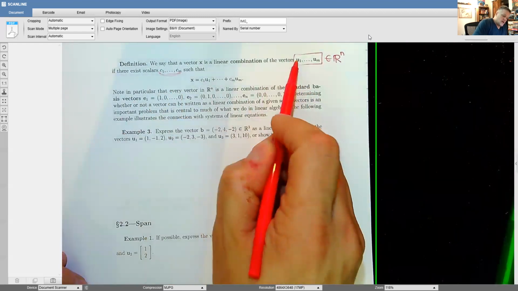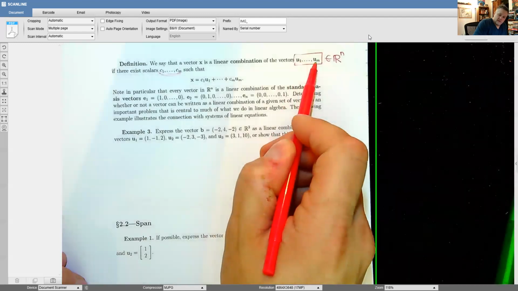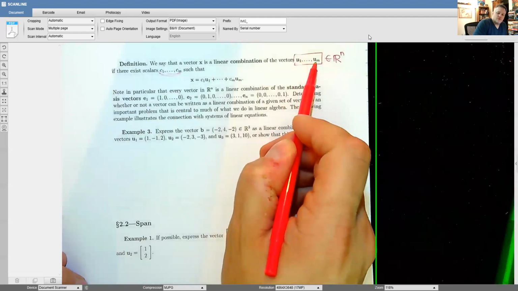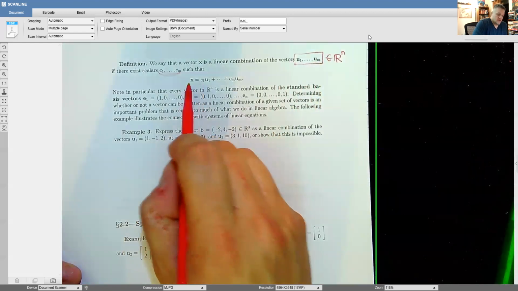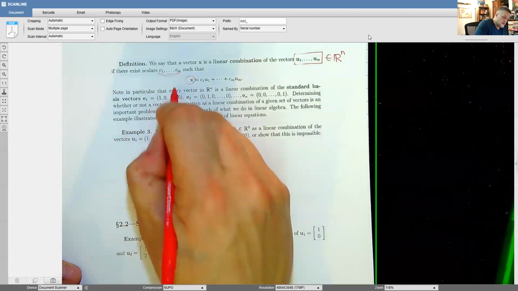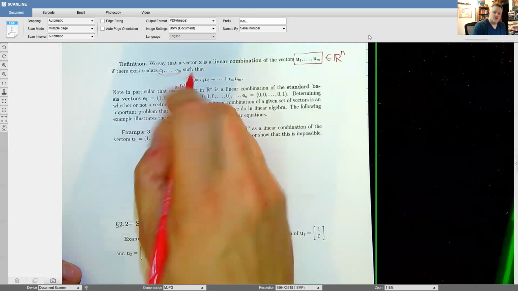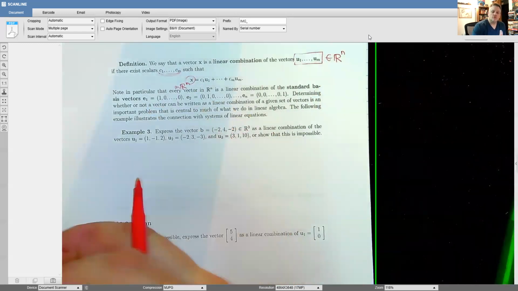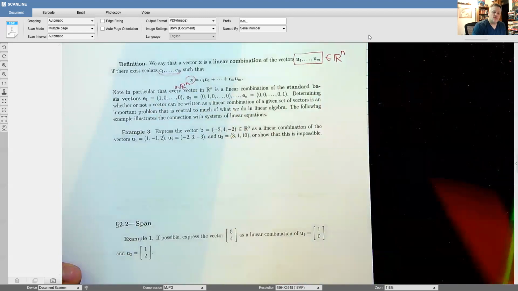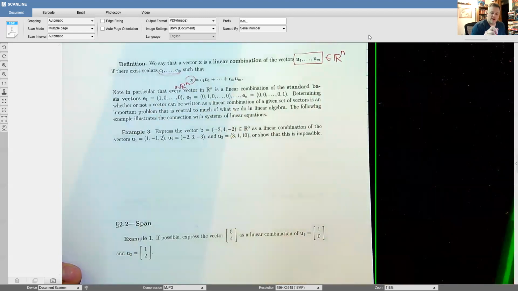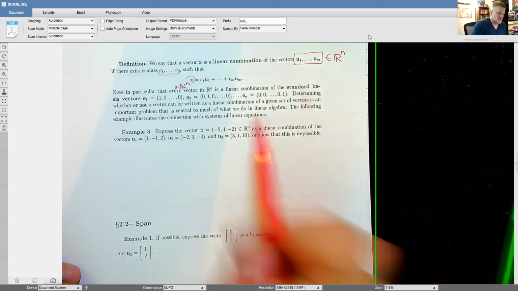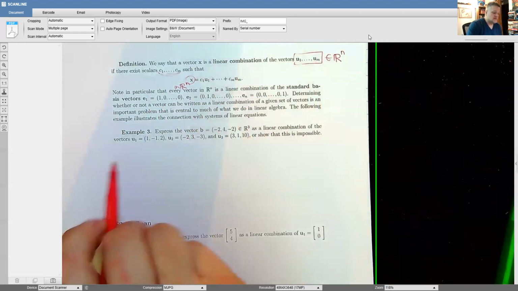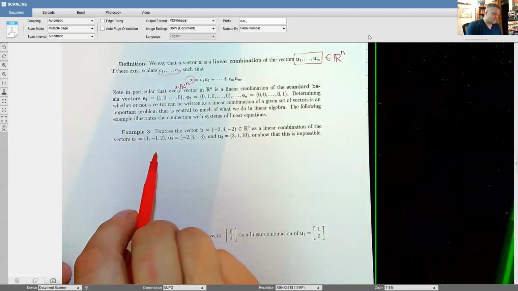If I multiply each of these vectors by a scalar and add them up, that produces a linear combination of those vectors. In particular, that's another vector, right? That vector is in Rn because our addition and scalar multiplication were closed in the sense that if you added two vectors in Rn, or if you multiplied a vector in Rn by a scalar, the result was again in Rn. So I know that this is going to produce a vector in Rn.